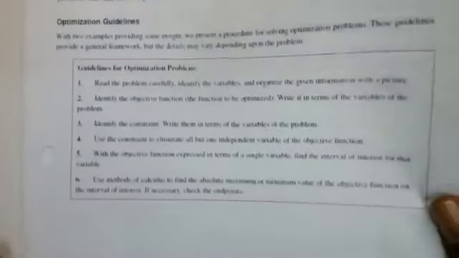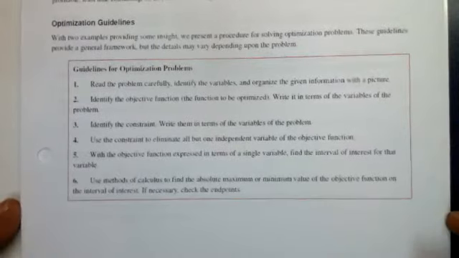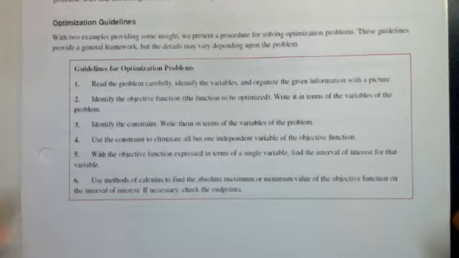Okay, and here's some guidelines for optimization problems. Number one, you want to read the problem carefully, and that is identify some variables and organize the given information with a picture. Sometimes pictures do help in solving these types of optimization problems.